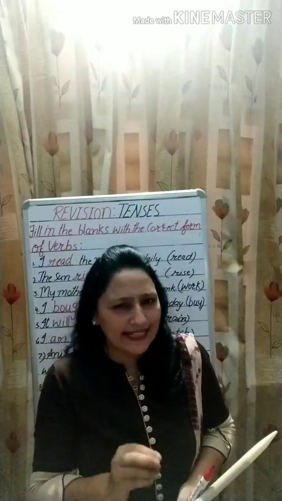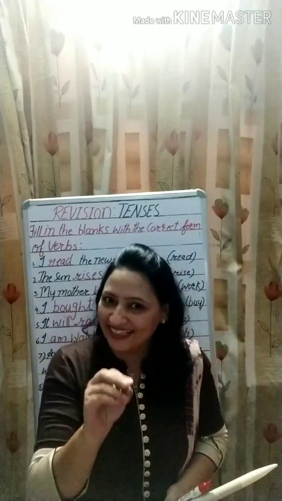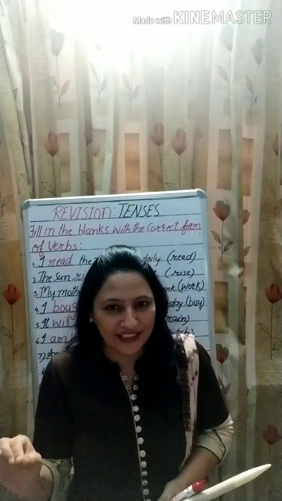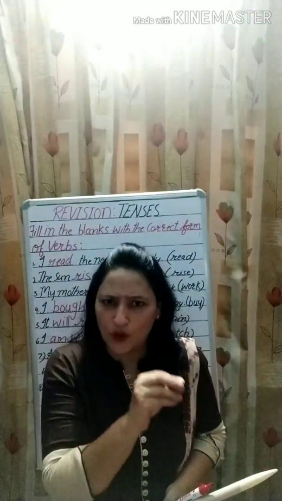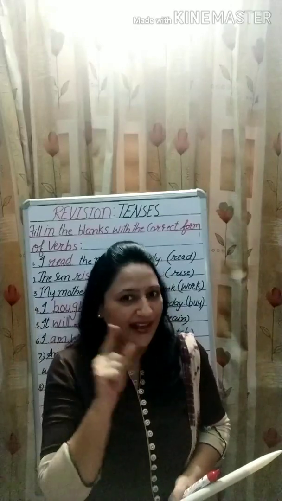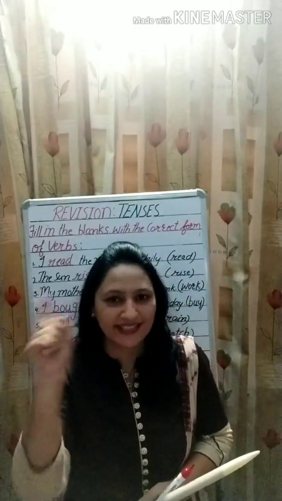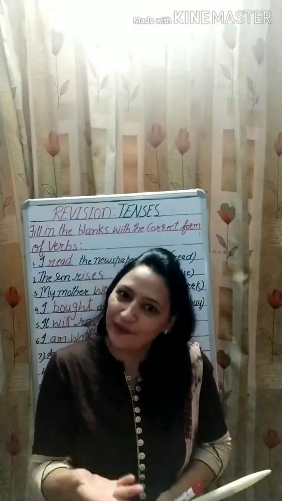So it indicates past continuous tense. In the past continuous tense we use was or were followed by ing form of verb. We use was with singular subject and we use were with plural subject.